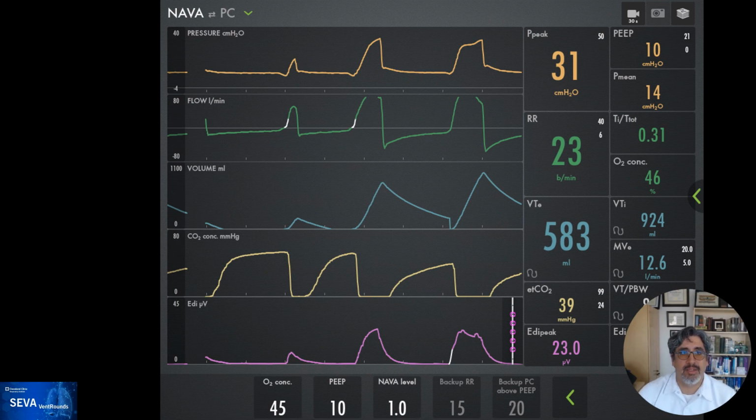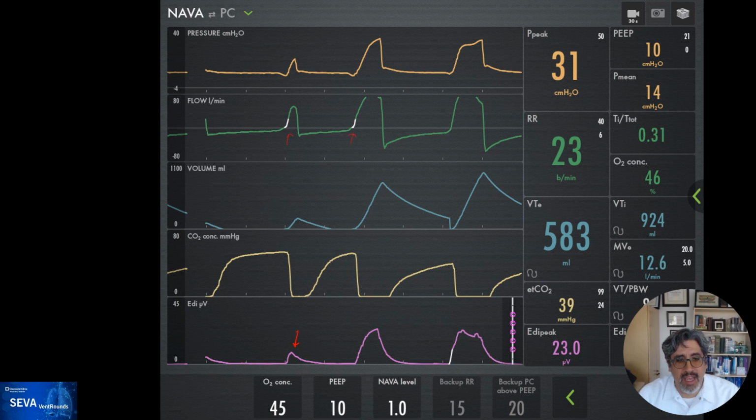I'm going to show you this other graph that I think is very, very effective for us to learn, and I'll just walk you through it. The reason this is very useful is because the ventilator has a set of rules, and even though it has the electrical activity of the diaphragm down here, it has a rule that if the flow reaches threshold first, it will trigger by flow, as you see here.